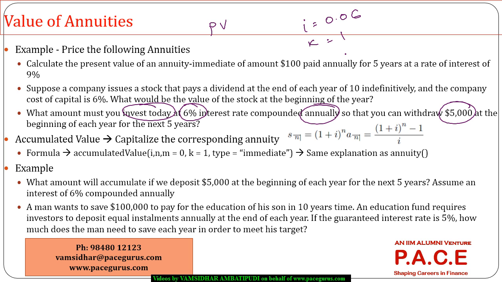So I'm talking about withdrawing an amount of 5,000 at the beginning of the year. So it's an annuity due. So every year I want to withdraw 5,000 at the beginning of each year for the next 5 years. So N is 5. Again, it is beginning immediate. So there is no deferment period, and I am drawing it once in a year itself.